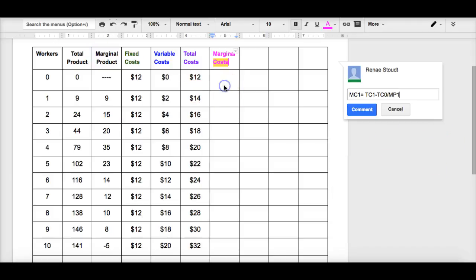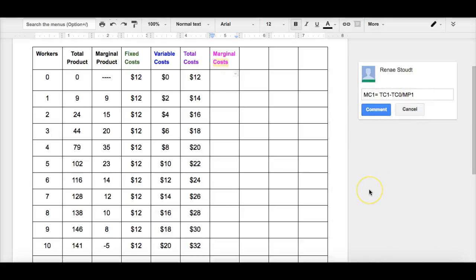Starting with 0 workers, this is our equation that's going to stay up there. At 0 workers, just like we did marginal product at 0 workers, we can't do this. We didn't add anybody, we didn't change anything. At 1 worker, we are going to subtract 14 minus 12, which I already said was 2, divided by 9. So 2 divided by 9 in your calculator app is 22 cents.